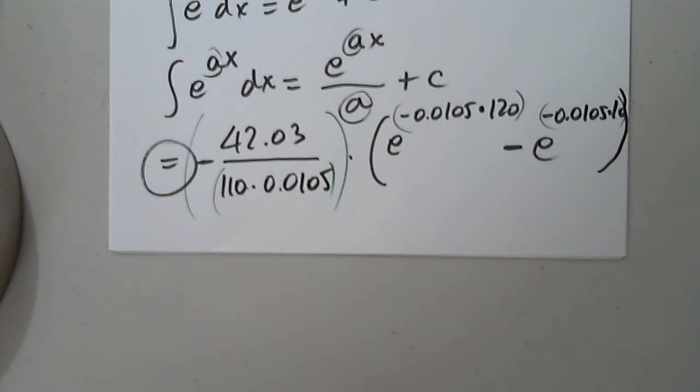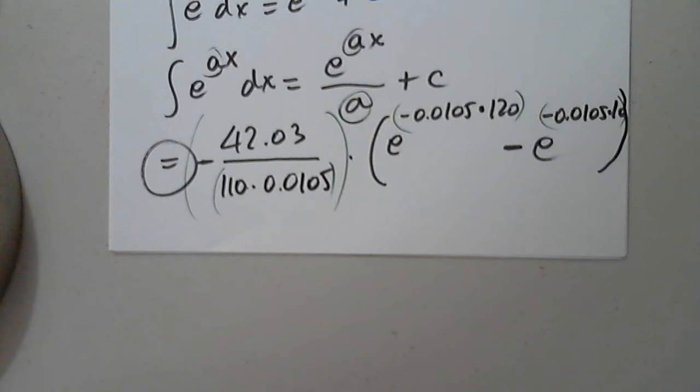So parentheses, negative 42.03, and divide by, parentheses, 110 times 0.0105. If you do it piece by piece, you will introduce a lot of error. That's why I don't recommend you do it piece by piece.